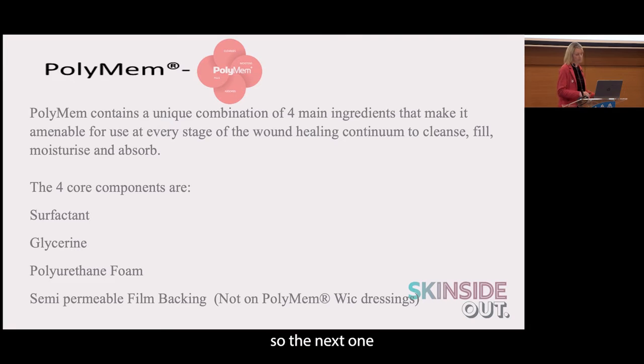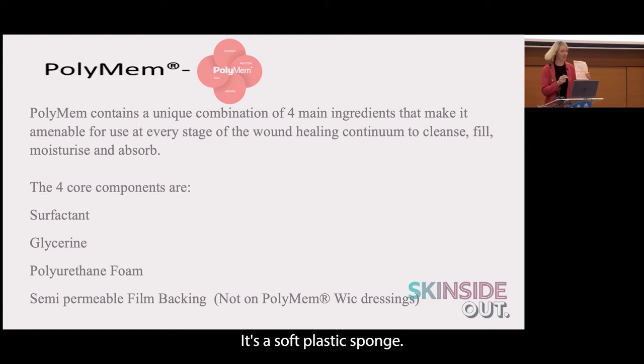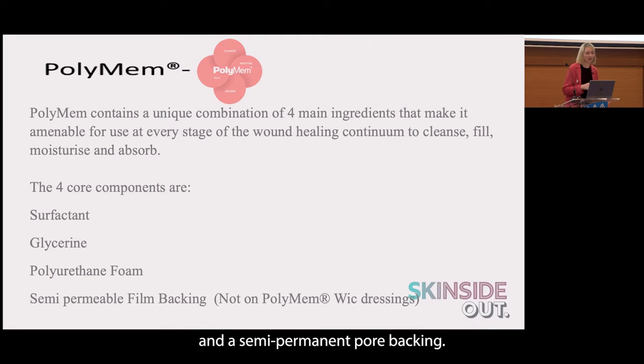So the next one then would be Polymem. Polymem is a dressing, and it looks like this here. It's a soft plastic sponge. Its 4 components are a surfactant, glycerine, a polyurethane foam, and a semi-permeable backing.